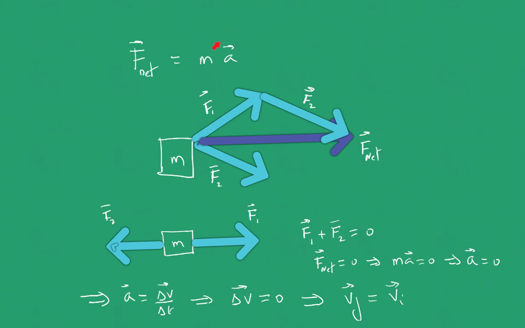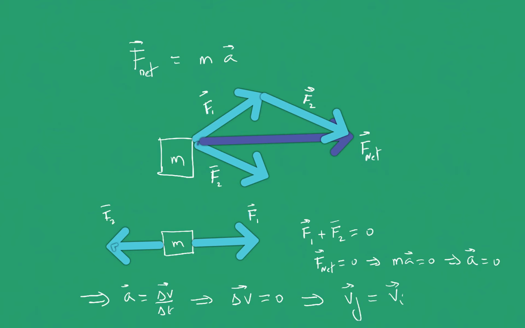This acceleration, a, follows the net force. So, for example, when you have a body with a force F1 of 10 newtons in the x direction, and you have minus 10 newtons in the opposite direction, the net force is the sum of F1 plus F2. But in this case, because you know how to sum vectors, the sum of these two forces is zero.